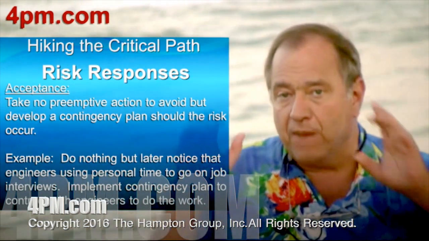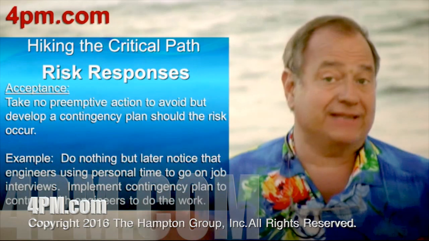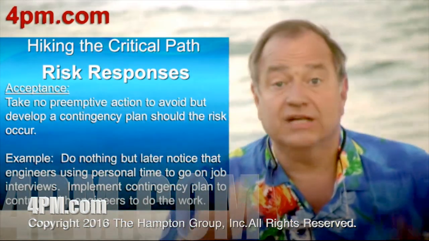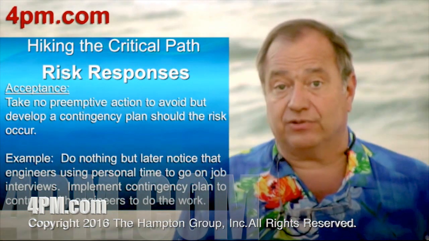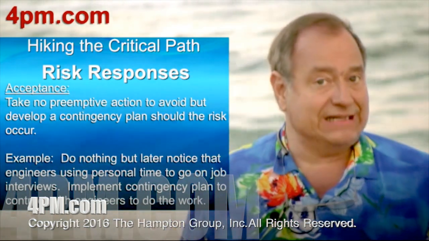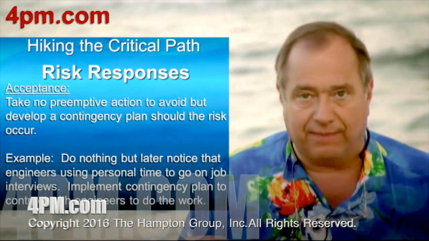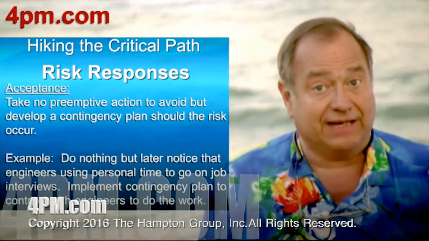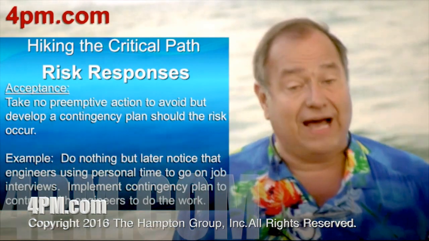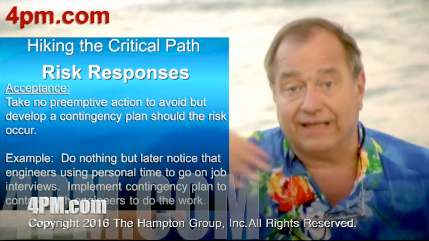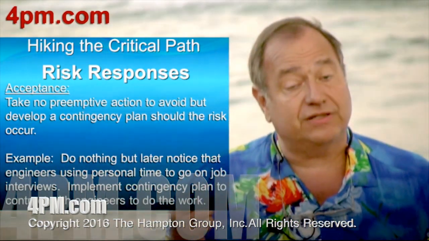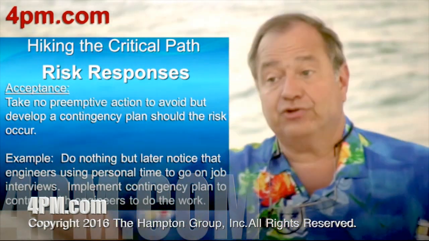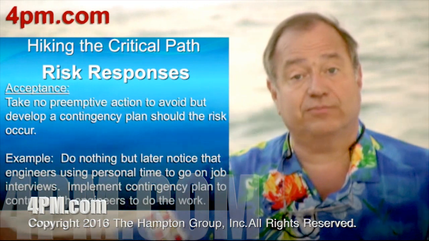With this, we are monitoring this risk, and we might say, okay, we've got some risk triggers, some early warning signs about turnover. And if we see, as an example, that these engineers are using up a lot of their personal days out interviewing, that might be a good signal that it's time to start planning the implementation of our contingency plan, which might be something like contracting with independent engineers and bringing them in.